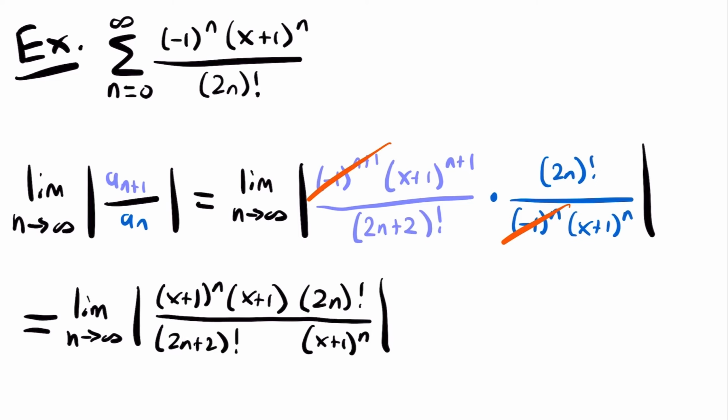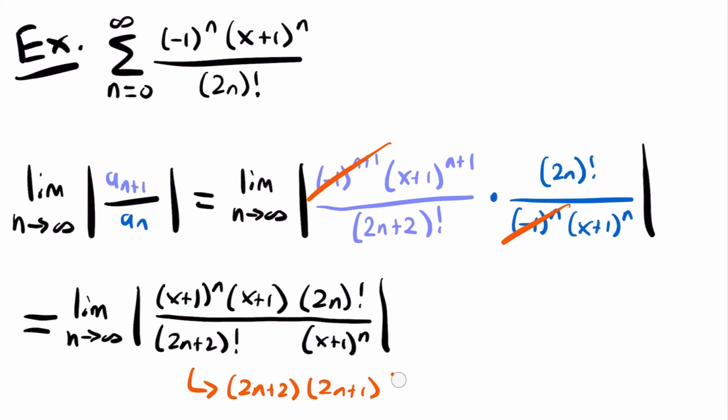That was on purpose, because what I want to do next is rewrite this factorial. We can simplify this so that our factorial will cancel out with the factorial in the numerator, right? Similar to our last example, we can rewrite a factorial by taking that quantity and multiplying it by a value 1 less factorial, right? So in this case, 2n plus 2 factorial will be equal to 2n plus 2 times 2n plus 1 factorial, but that doesn't quite match up with what's in the numerator here.